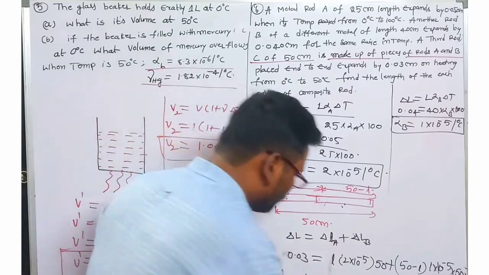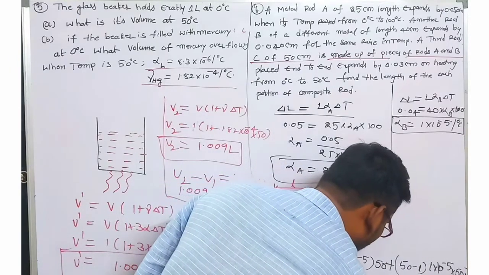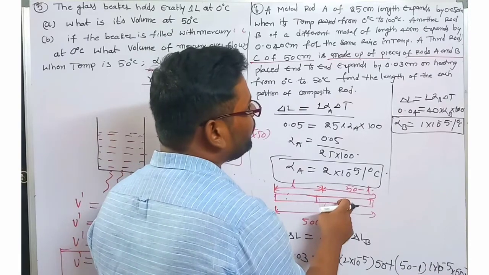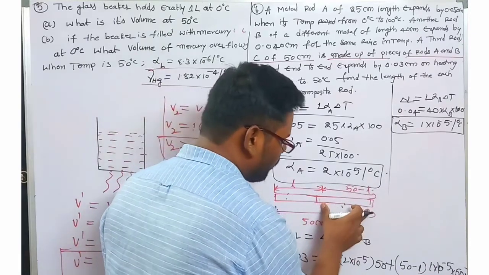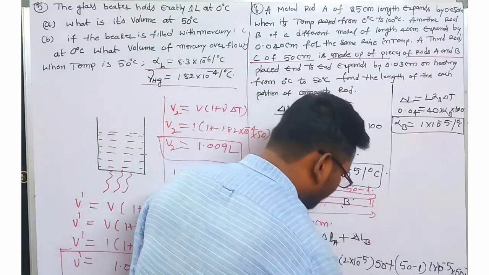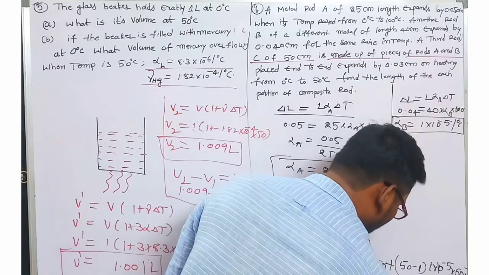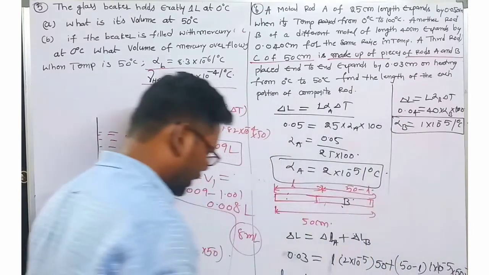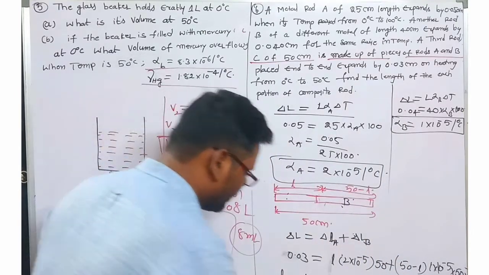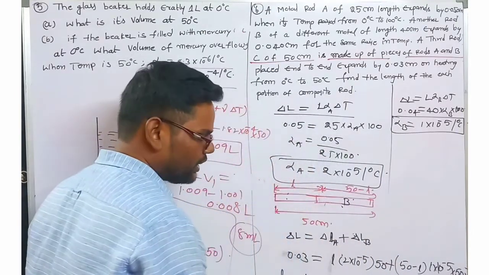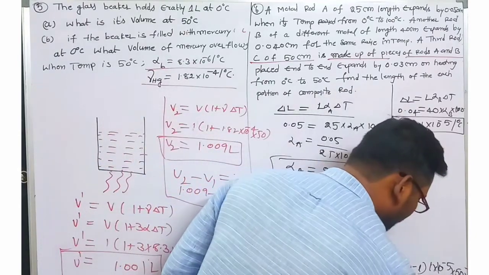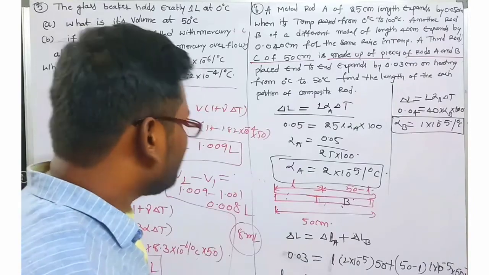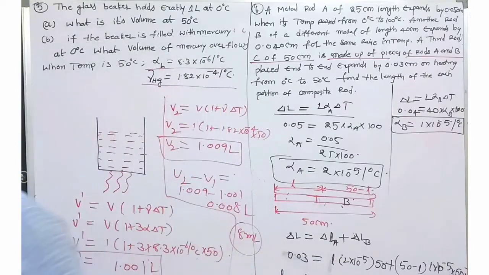Now for the piece of rod B, 50 minus L is equal to 50 minus 10, which is 40 centimeters. So for A it is 10 centimeters and for B it is 40 centimeters. Right, so take a note. Let me clean this.